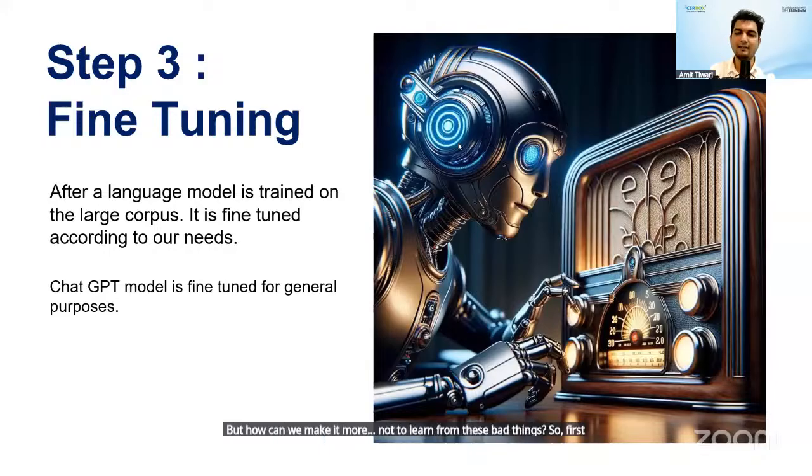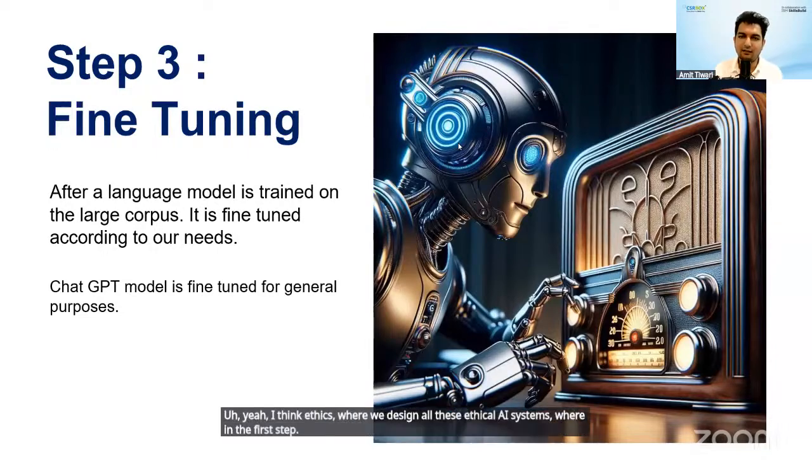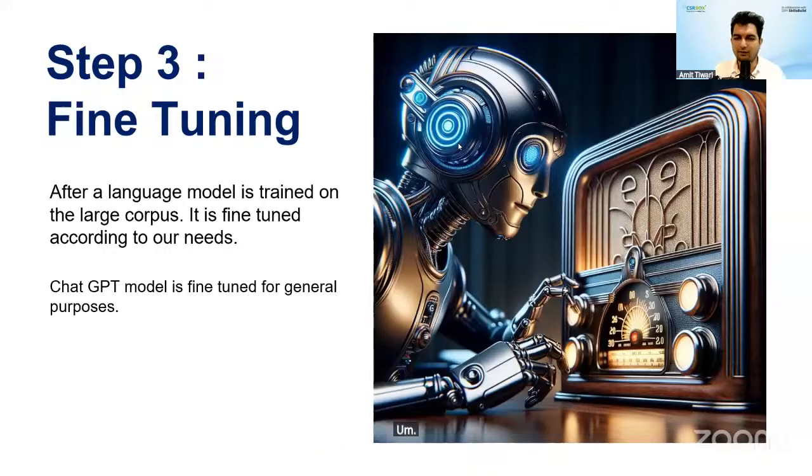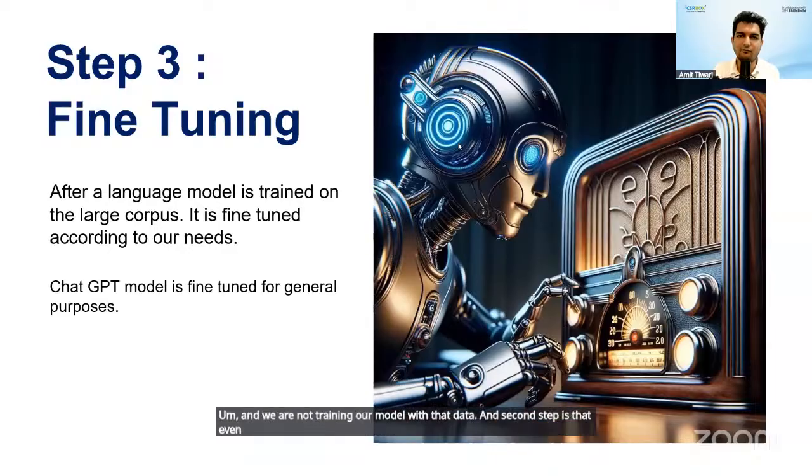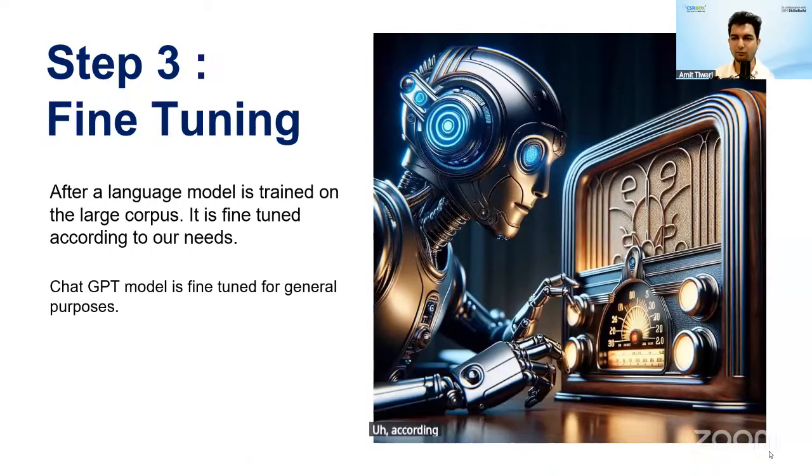First of all, there is a job called AI ethics, where we design ethical AI systems. In the first step, we separate the data that is not good, and we do not train our model with that data. The second step is that even if it has trained on that data, we fine tune it according to how we want it to behave.